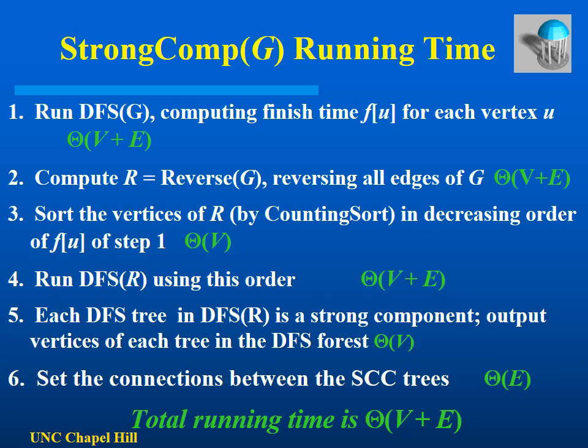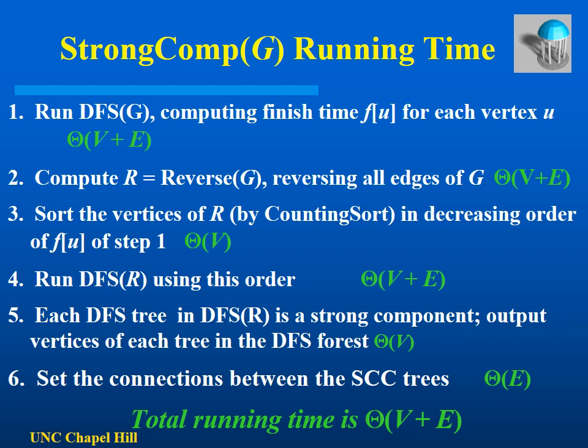Let us now consider the running time for this whole process. The first step was to run the depth-first search on the original graph. And in our previous analysis of DFS, we saw that that took time theta of V plus E. We have to compute the actual reverse graph.